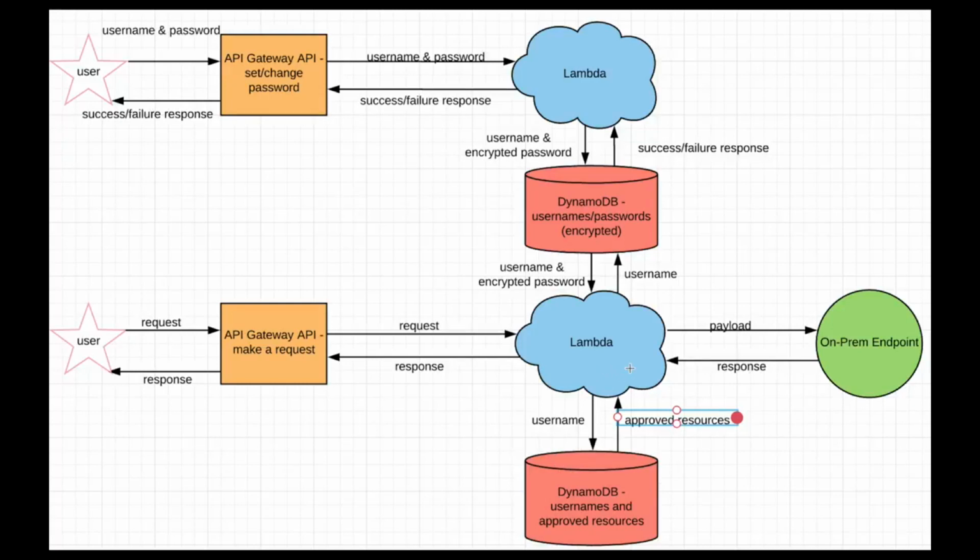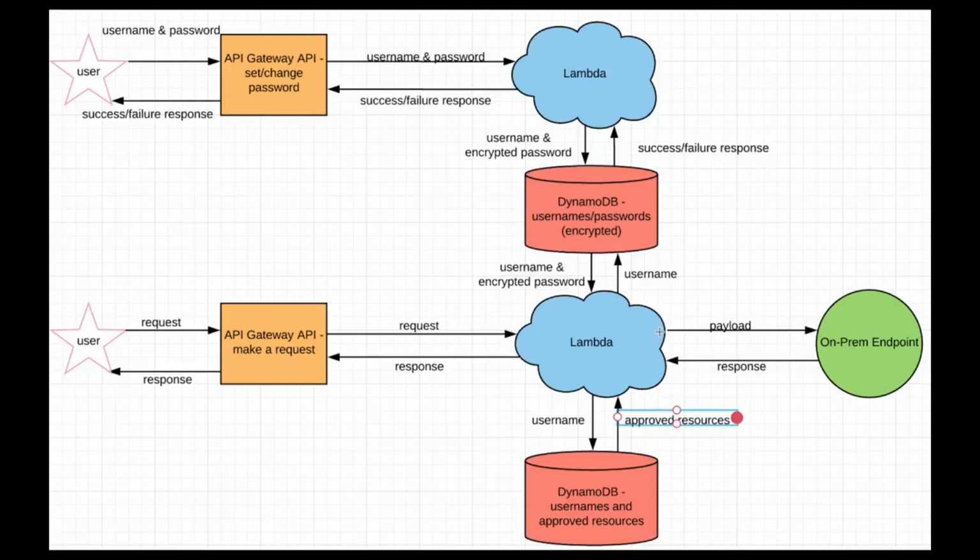Each username has a secondary field with a list of the resources that user is allowed to access, and those resources are comma separated values. So I parse that and see if the resource they're trying to access is in that list of resources that they're allowed to access. If they aren't, the request is rejected.